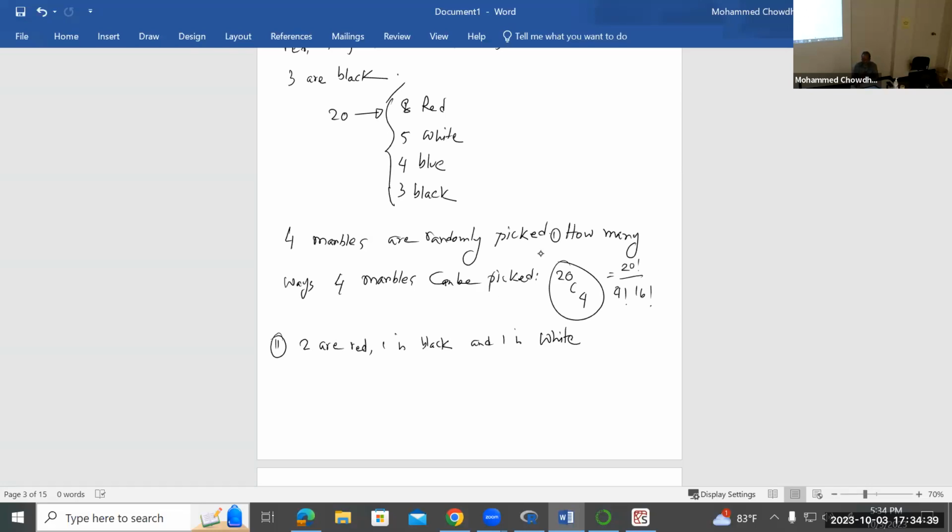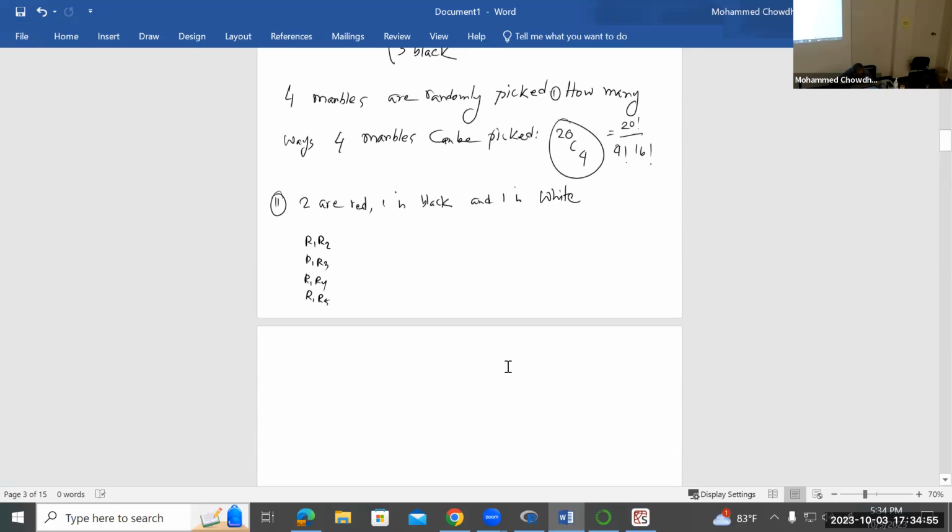So how many red are there? 8 red, right? So 2 red can come how many ways? Red 1, red 2, red 1, red 3, red 1, red 4, red 1, red 5. This way 2 red is coming. Red 1, red 6, red 1, red 7, red 1, red 8.